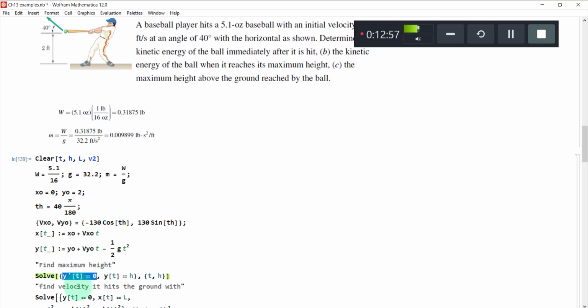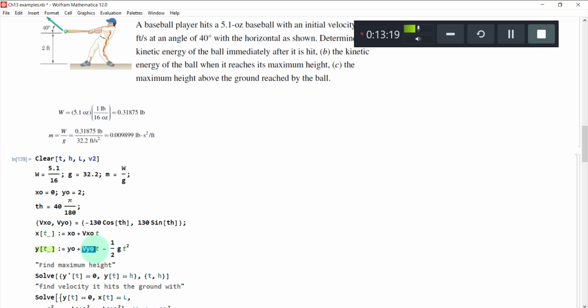So if you can find the time that the y piece of the velocity goes to zero, that will get you the time it takes to get to the top and how high up off the ground it is when that happens. So if we start from 2 feet up, we can plug that 2 feet into our starting y position.